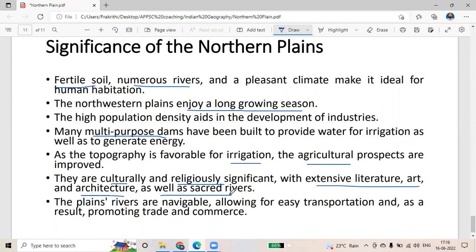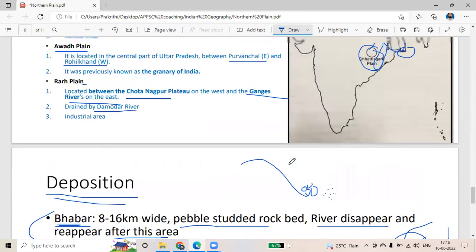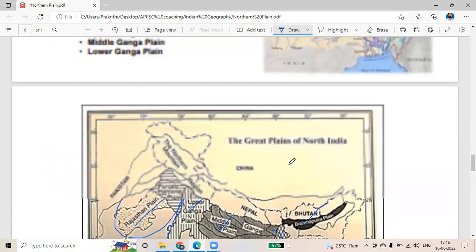So this can be used for transportation, navigation purpose के लिए भी this can be used. So these are some of the uses of the northern plains. So this much you want to keep in mind.